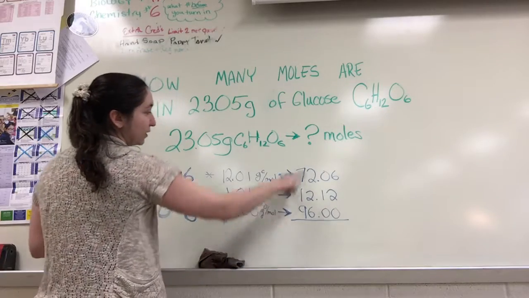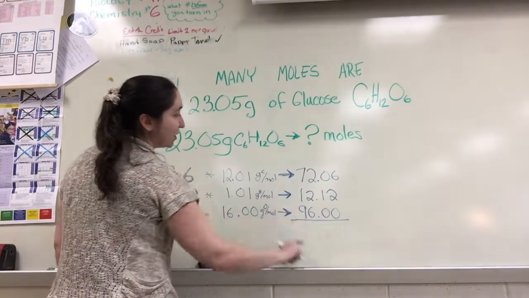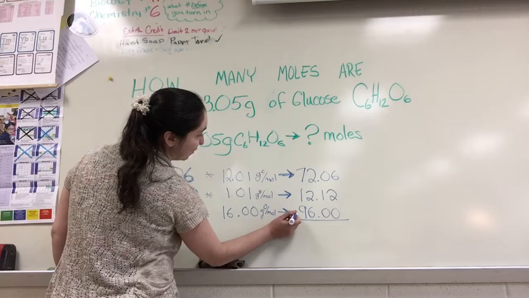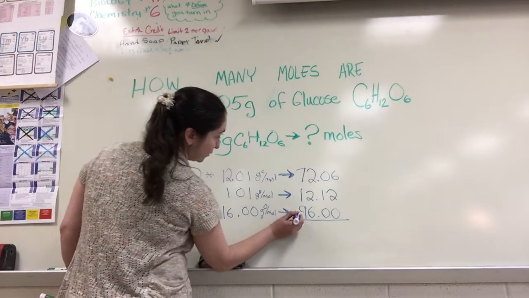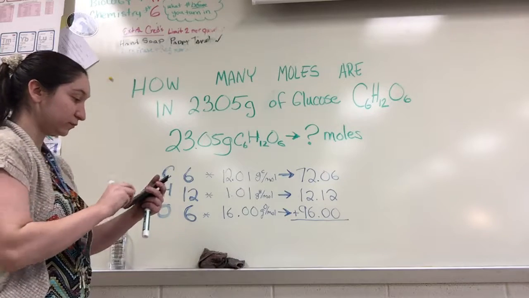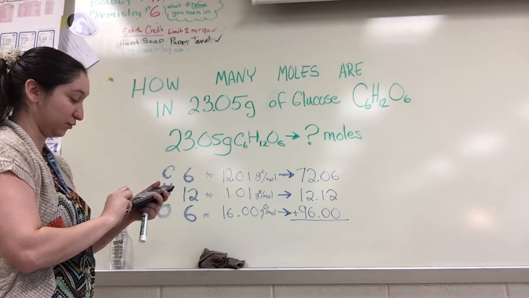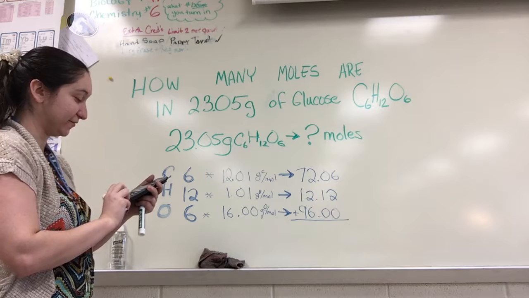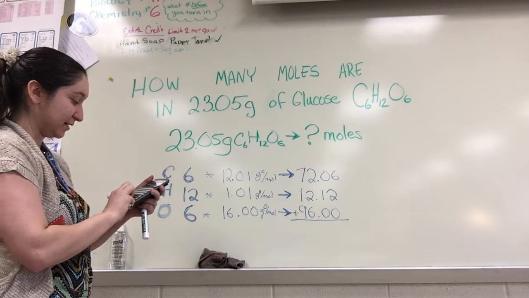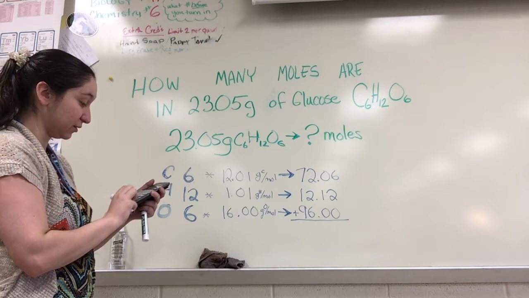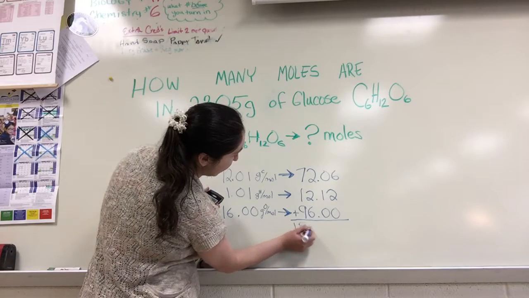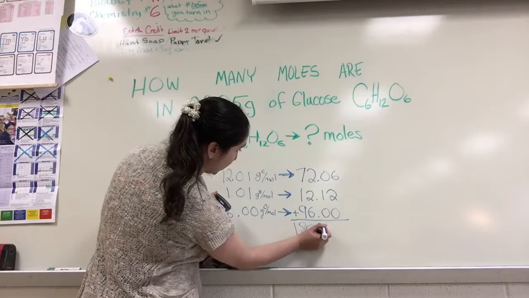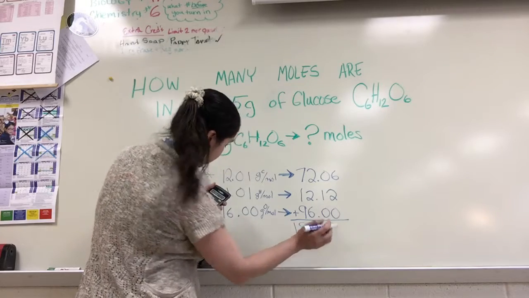But we know that we have one big molecule, so we have to add all of these together, right? Because they're all a part of this molecule. So we're going to add them up. So 96 plus 12.12 plus 72.06 gives us 180.18.